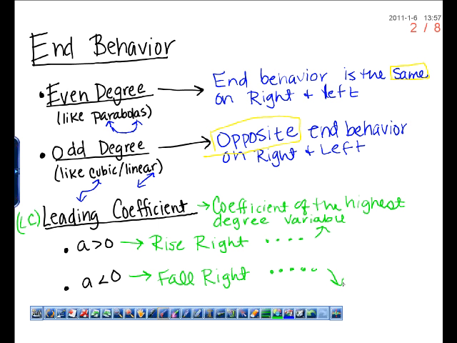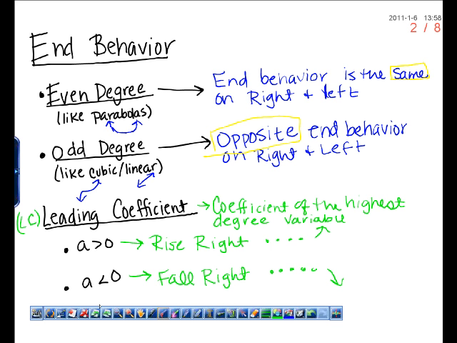So in order to figure out what happens on the left side, first we're going to figure out what happens on the right side, and then we're going to decide even or odd. If it's even, the left side is going to be the same. If it's odd, the left side is going to be opposite.